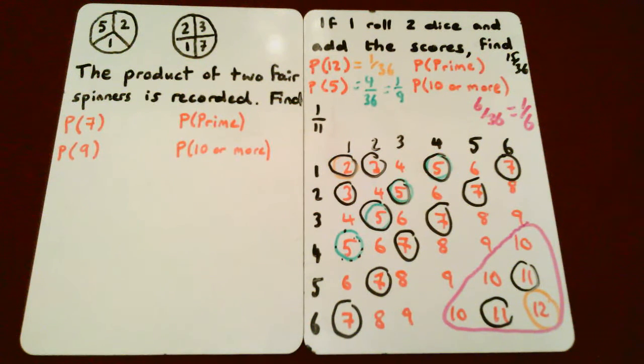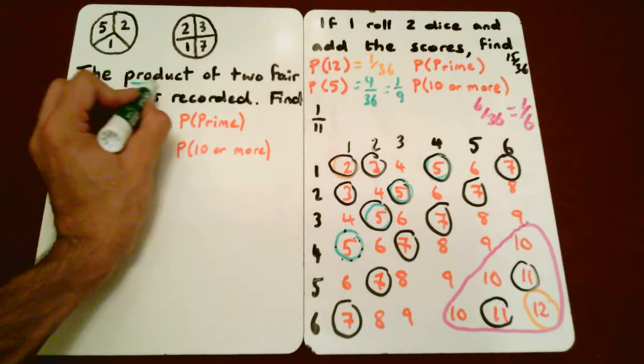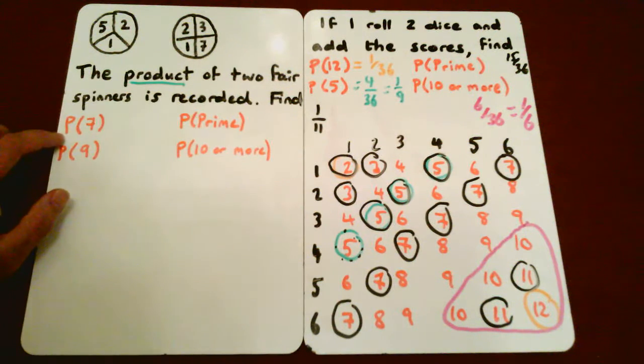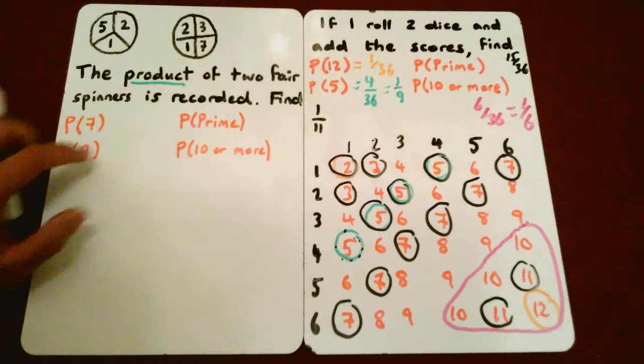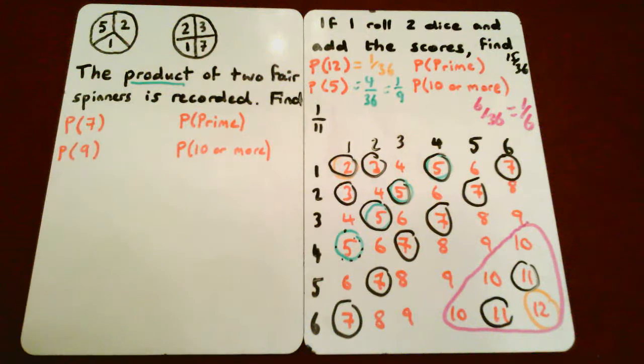And it says the product of 2 fair spinners is recorded. So product means that when you get your 2 numbers, it multiplies the 2 solutions. That's the word product. And it wants us to find, once again, the probability of getting a 7, a 9, a prime number, and a 10 or more.